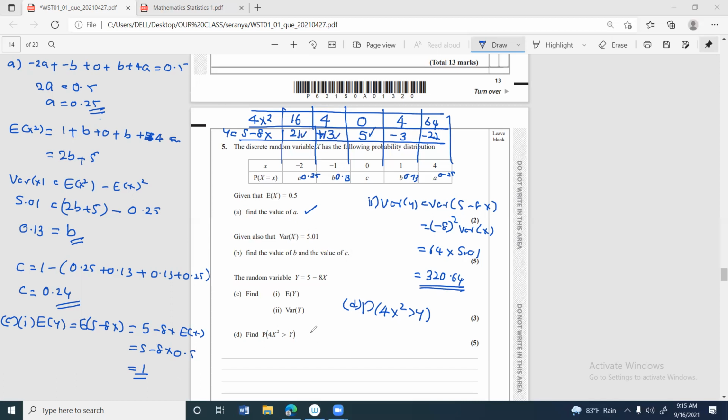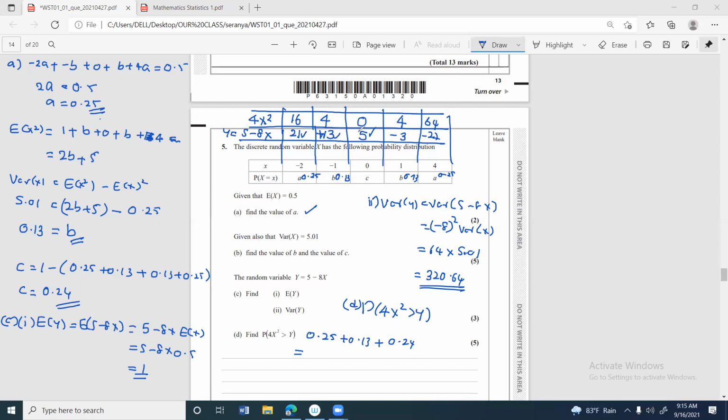Therefore, you can get 0.25 plus 0.13 plus 0.24 as the answer for that. From there, let me see whether that is fine. The value figures are fine. Yes, y is bigger than 4x.